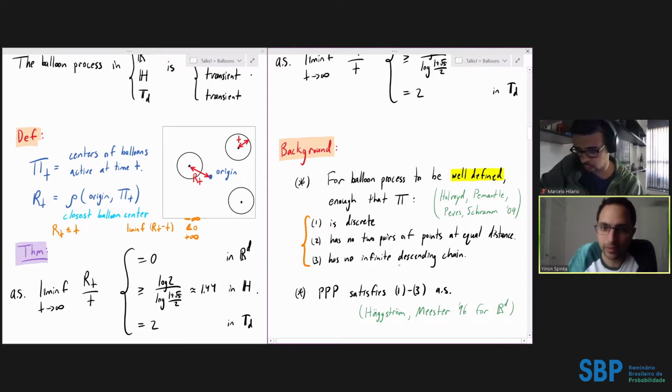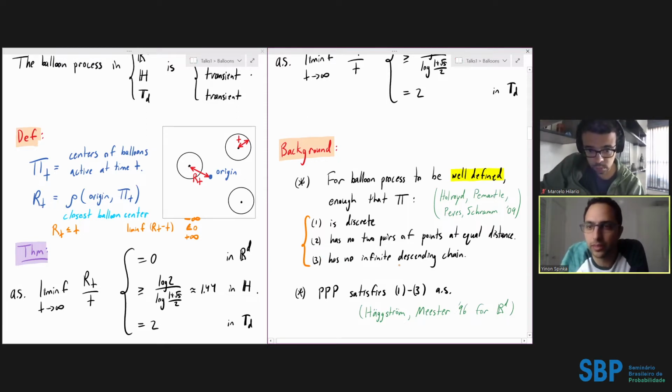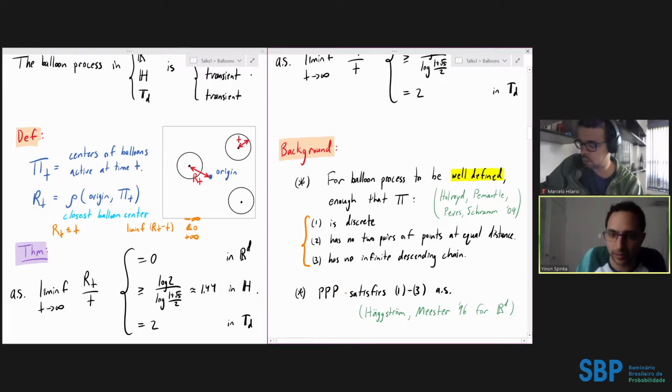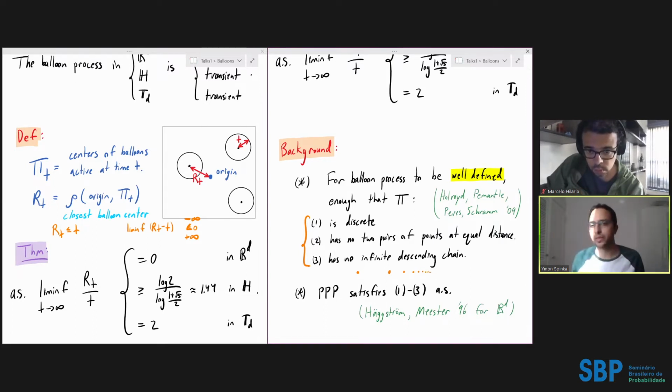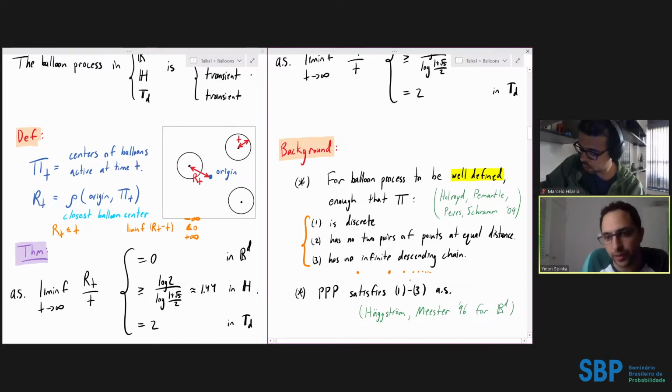And finally, the last assumption is that there's no infinite descending chain. An infinite descending chain here is a sequence of points such that the consecutive distances are decreasing. Something that looks like this. And you can imagine why this would be a problem, because when you ask yourself, is this balloon going to pop with this balloon?